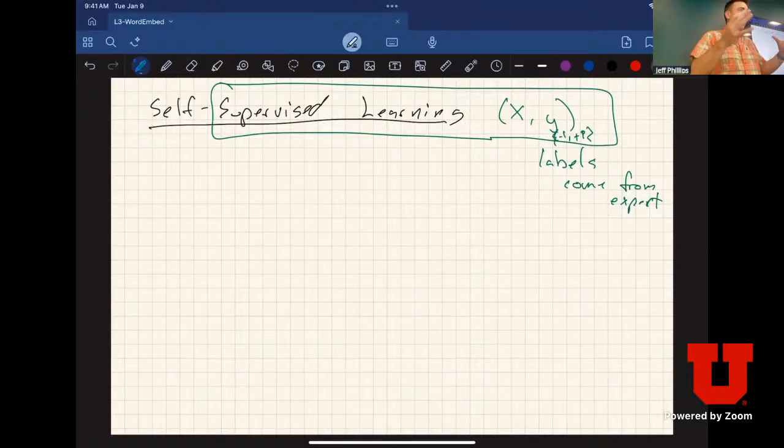I don't want to rely on labels here, which is what a lot of the previous mechanisms in language modeling had done.